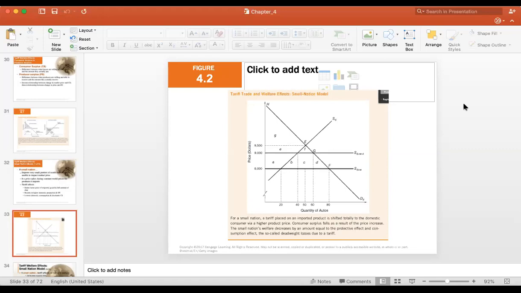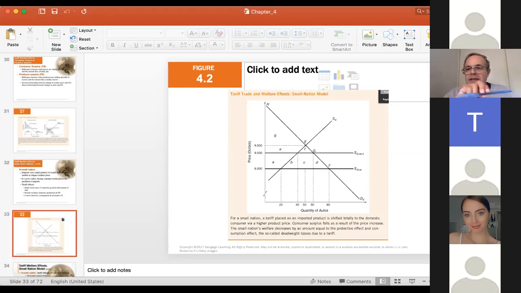Therefore, the supply curve that this small country will face will be a horizontal line. That's the supply curve, horizontal, which would mean that the country is obviously a price taker. When the supply curve is horizontal, it cannot affect the price. We say that the supply is perfectly elastic. And you can see it from here, the supply curve that this country has is a horizontal line.